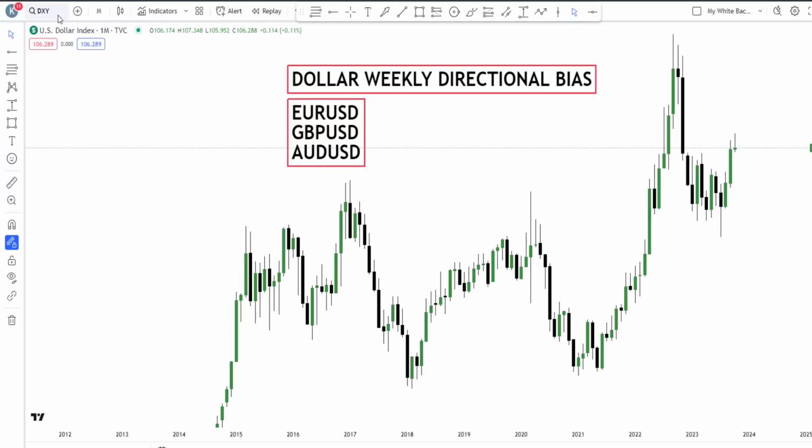And if DXY is going up, it means we expect foreign currencies that have USD on their right hand side to go down. So that is the only reason why we use the DXY to determine the directional bias of this particular asset. So let's go into this simple weekly analysis to know where the dollar is going for the week.